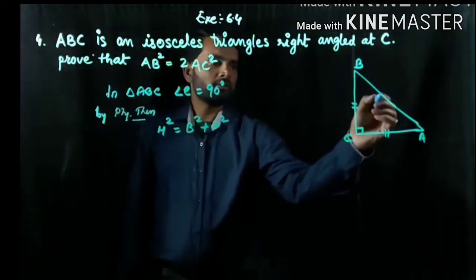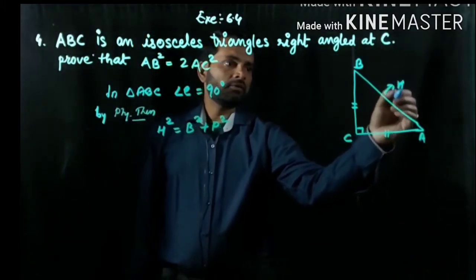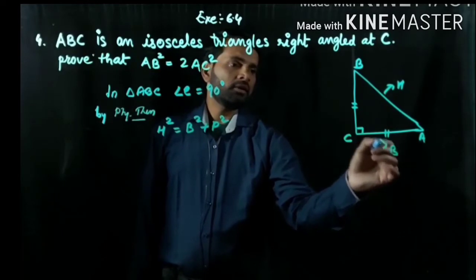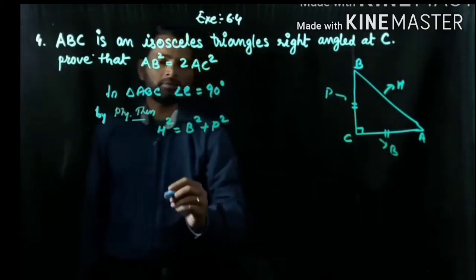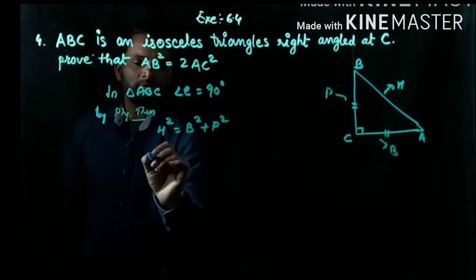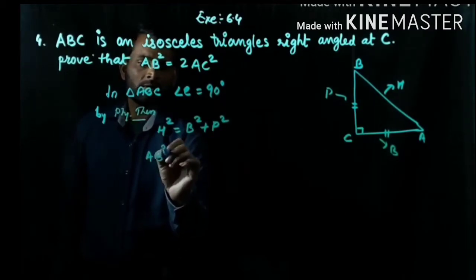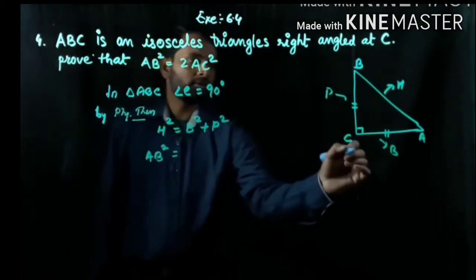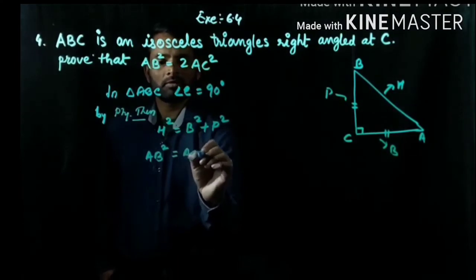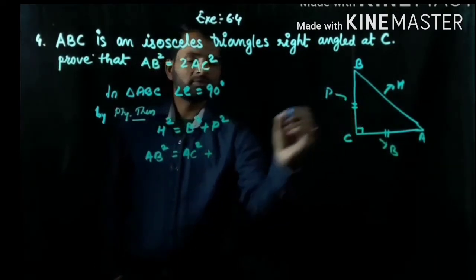Here this is the hypotenuse, this is the base and this is the perpendicular. So you write the value of hypotenuse AB square is equal to the base AC square plus CB square.